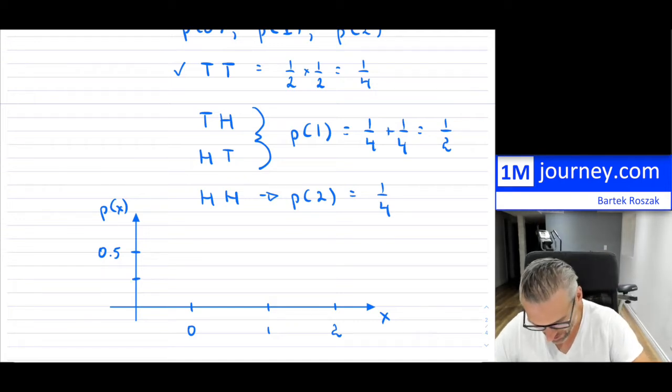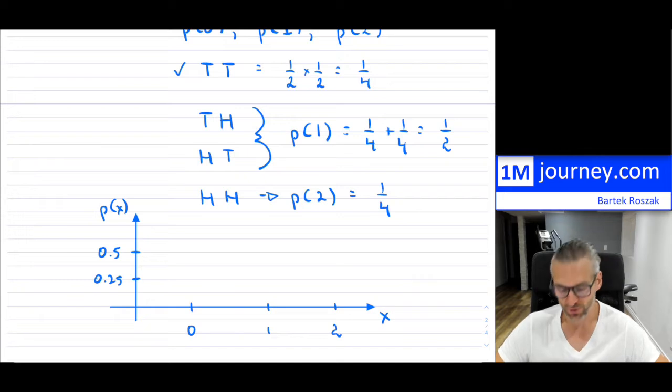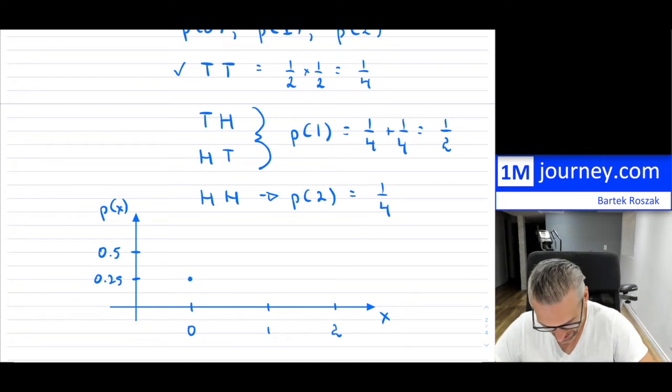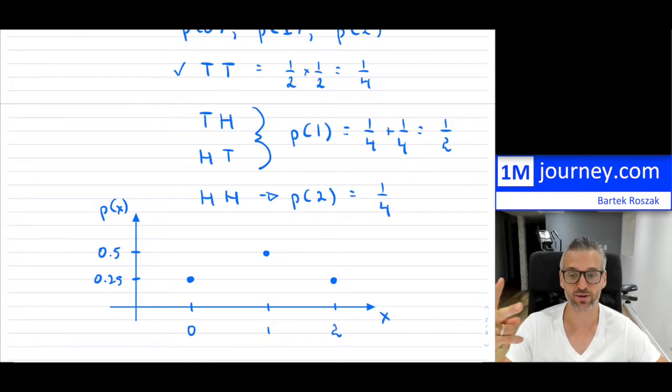And let's say this right here is 0.25, which is just 1 over 4. Seeing 0 successes is mapped up to here, seeing 1 success is right here, and seeing 2 successes is right there. So that is 2 trials, and this is now your binomial distribution.